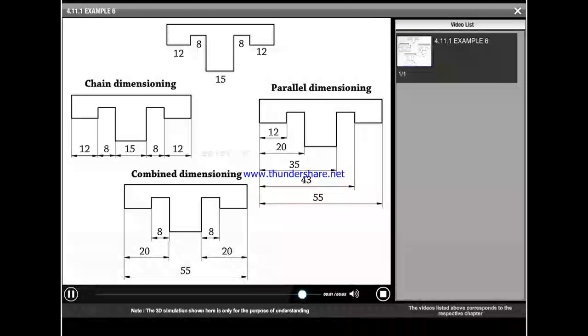Now you observe the differentiation between chain dimensioning, parallel dimensioning and combined dimensioning. All three are available.